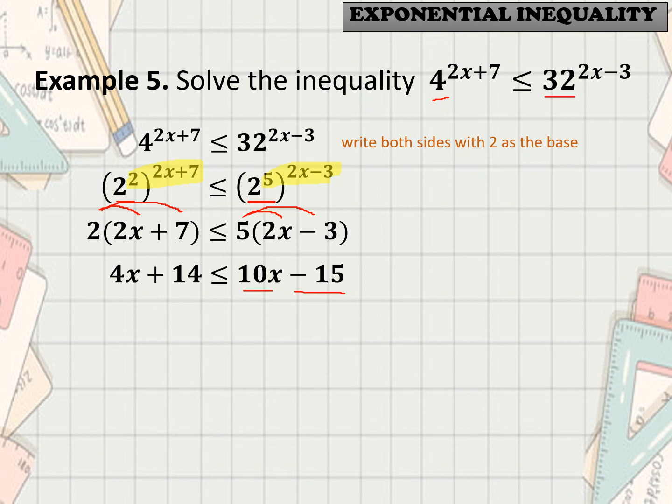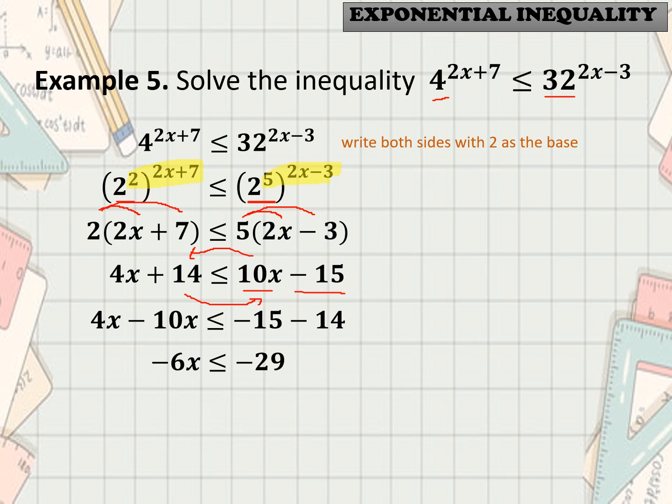So, lahat ng may variable pagsamahin, then lahat din ng constant pagsamahin. Okay, so magiging 4x minus 10x, kasi si 10x, nilipat natin sa kabila. Then, si 14, nilipat natin doon sa kabila. Okay, so 4x minus 10x is less than or equal to negative 15 minus 14. So, 4x minus 10x is equal to negative 6x is less than or equal to negative 29.